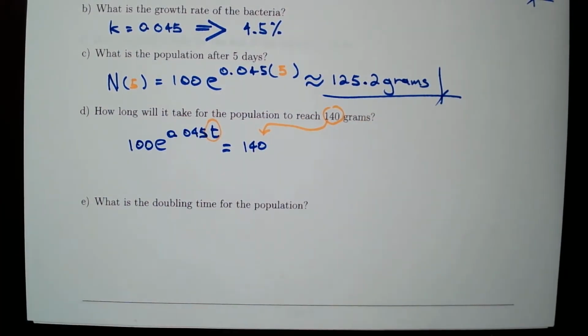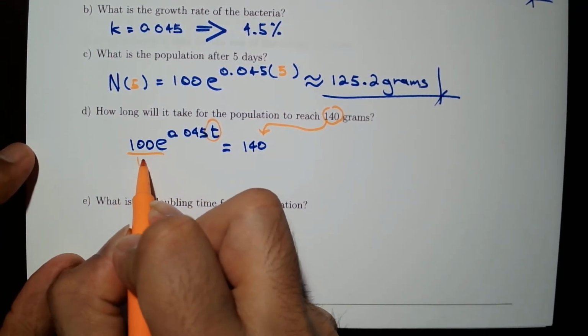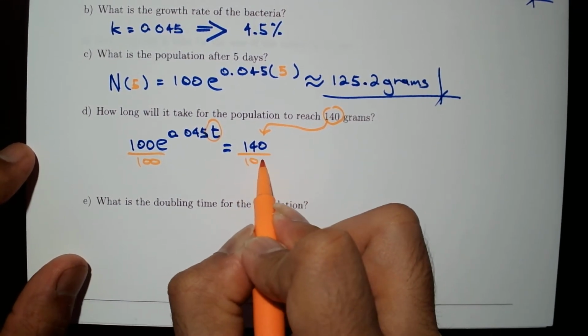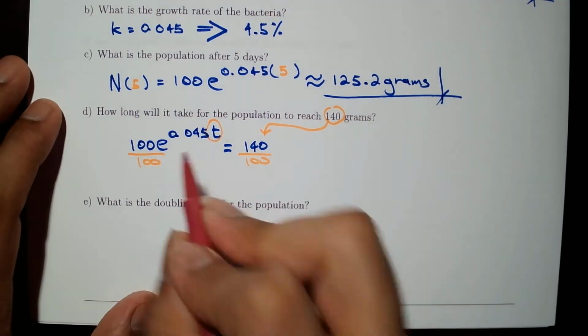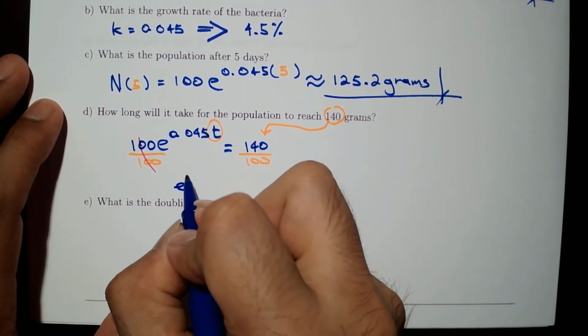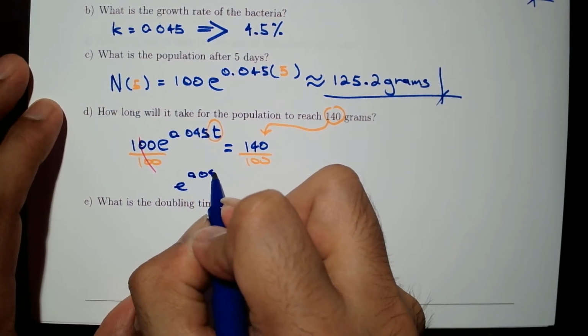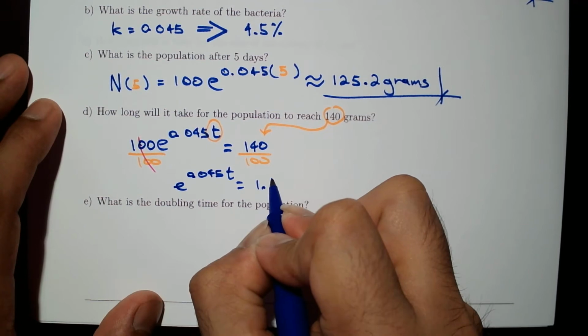We have solved equations like this in previous sections. The first thing we do is divide both sides by 100. That cancels, and I get e to the 0.045t equals 1.4.